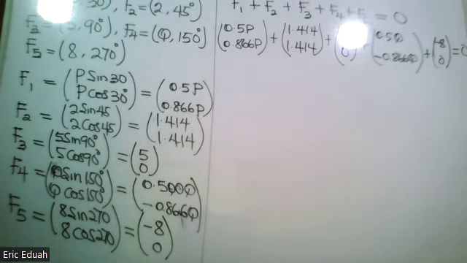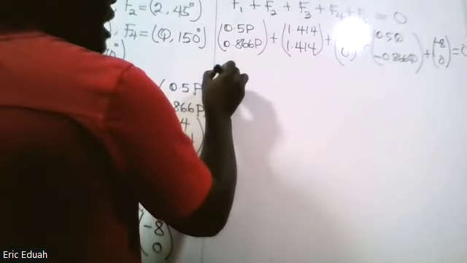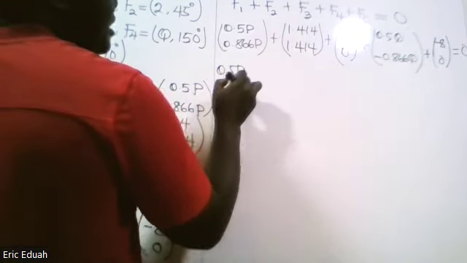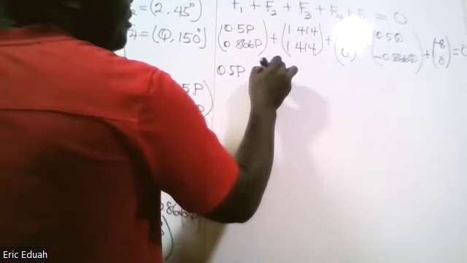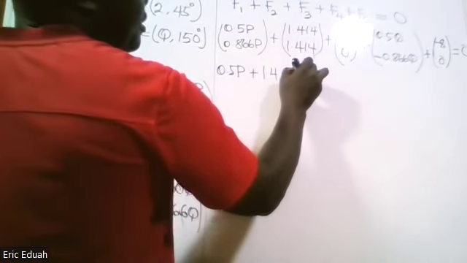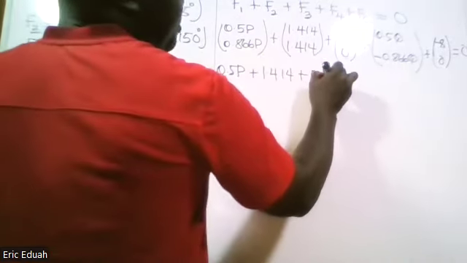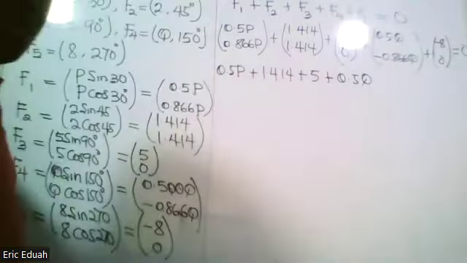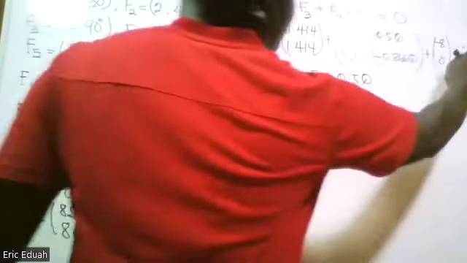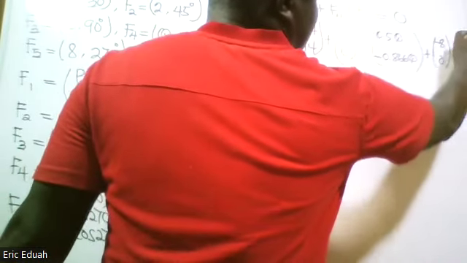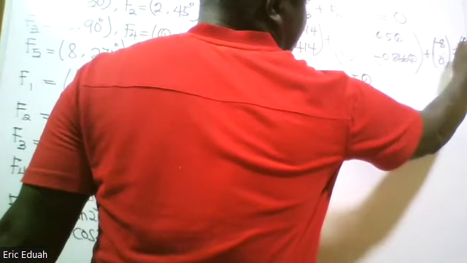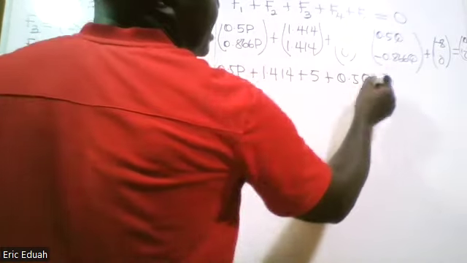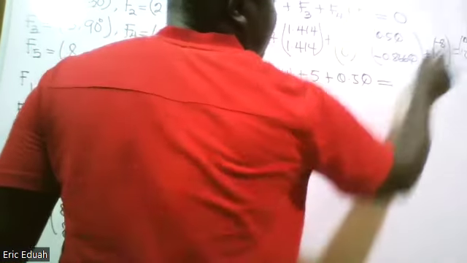So you add all the x's, then you add all the y's. 0.5 P plus 1.414 plus 5 plus 0.5 Q. Now, the fact that you are equating everything to 0 means that this also has coordinates 0, 0. So all the summed up x's equal a coordinate 0.